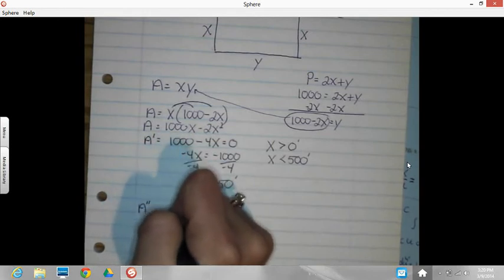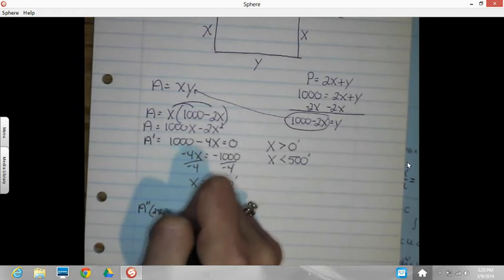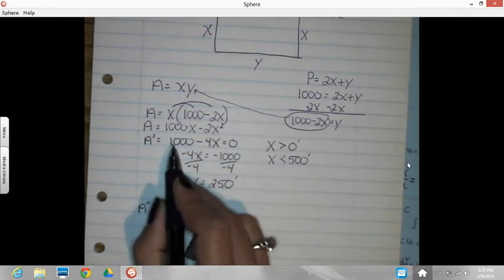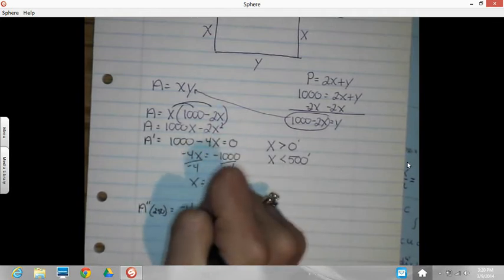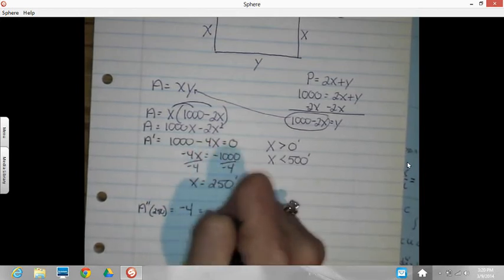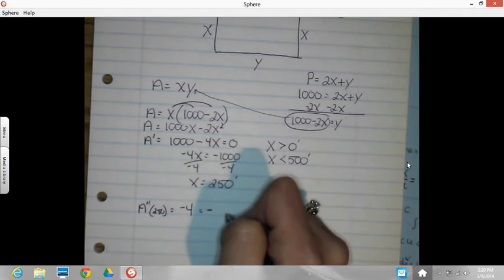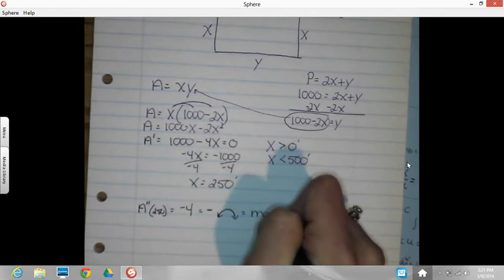Second derivative here: the derivative of 1000 is 0, and the derivative here is negative 4. So I don't have to plug in the 250. The second derivative is negative, which makes this concave down, which makes my critical point a max, and that is what I wanted.